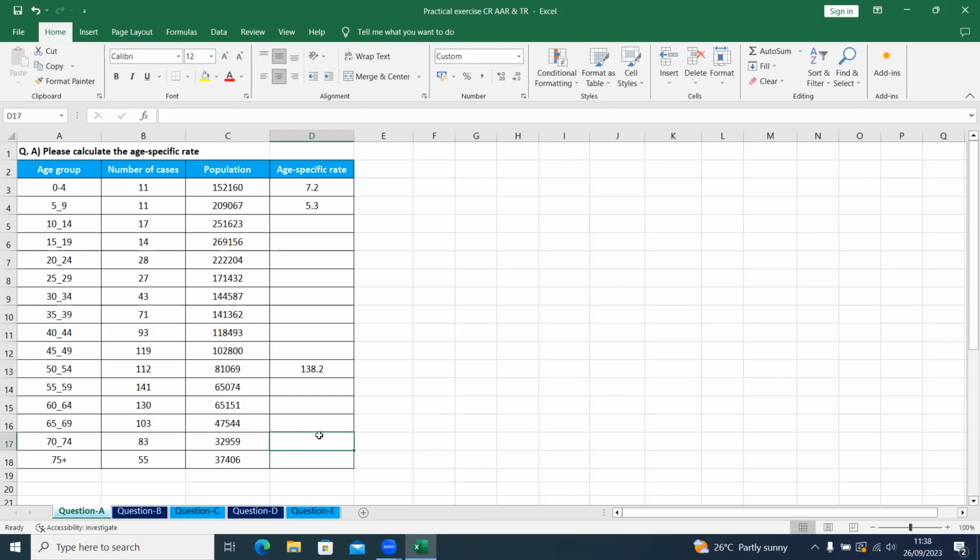Now again, we will calculate the age specific rate for the 70 to 74 age group. Please do it. Here, number of cases 83 divided by population 32959 into 100,000. 251.8.